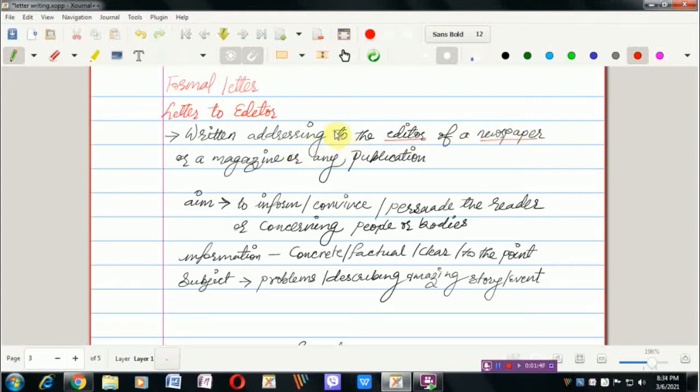The addressee is the editor of a newspaper or magazine or any kind of publication.